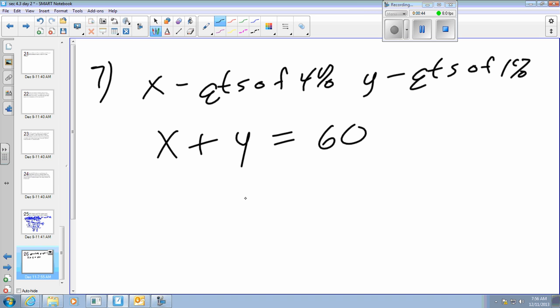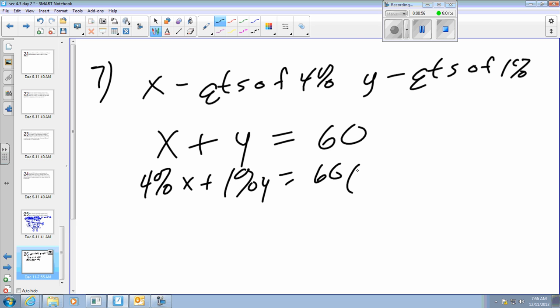The other equation that we're going to use is the same equation with all the percents in it. So 4% x plus 1% y equals 60 times 2%. Oops, not 20, 2%. So now if I change my percents into a decimal, I get 0.04x plus 0.01y equals 2% of 60 gives me 3.